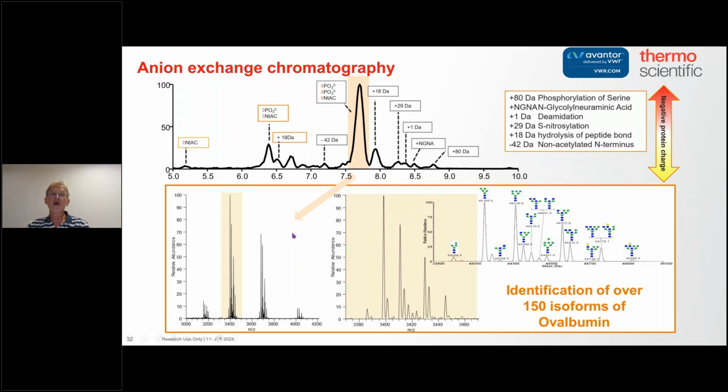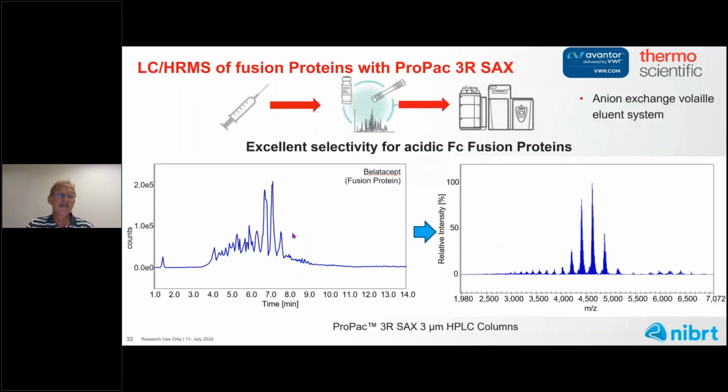This is an example now of a fusion protein. And again, that fusion protein, it's very heterogeneous in terms of the glycans. You get lots of different peaks separated, but every single one of those peaks gives you a beautiful charge variant profile. It gives you a beautiful m/z profile in a charge distribution. So that's easily deconvoluted.